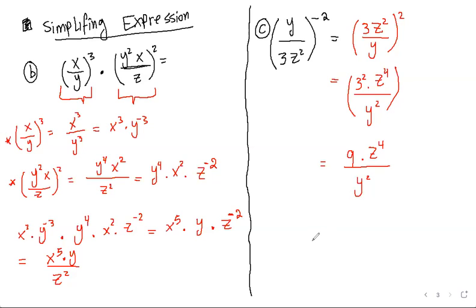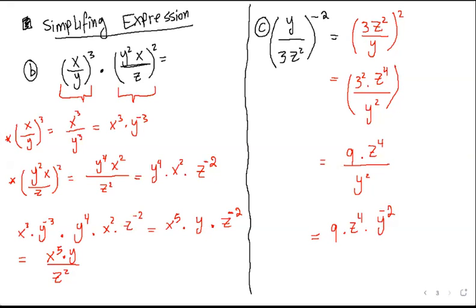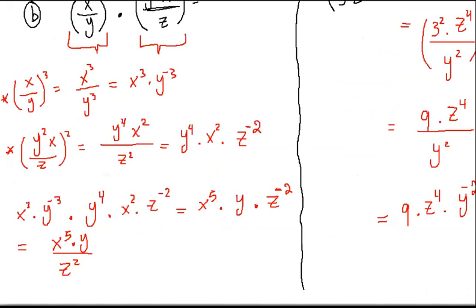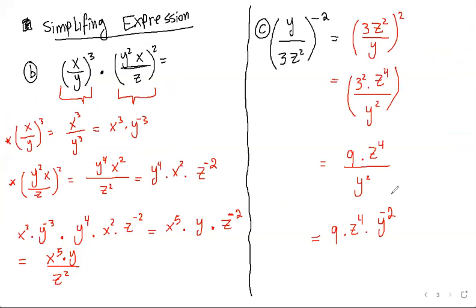If I want to simplify it more, it equals 9 times z to the 4th times y to the minus 2. Any question? So is the answer the last thing you wrote? Yes.